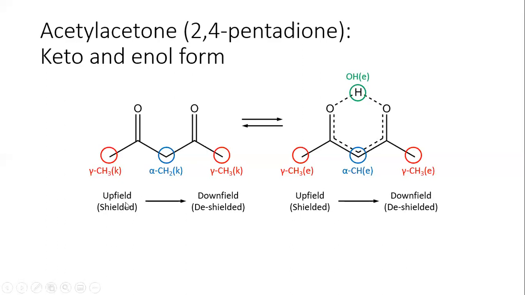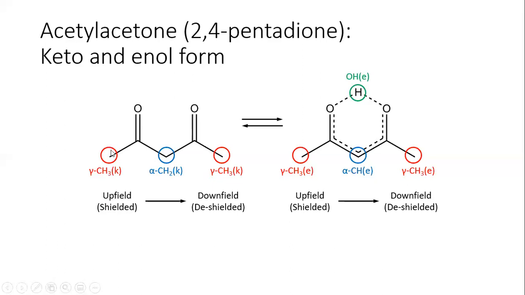Okay. So now if we take a look at the keto form, for example, we know that the carbonyl here is an electron withdrawing group. So it will pull electron cloud from these protons with different strength.